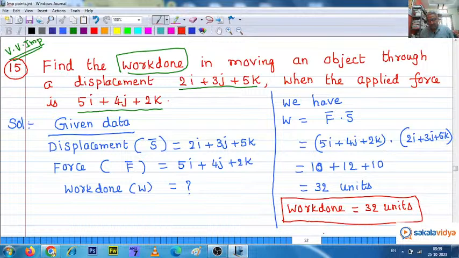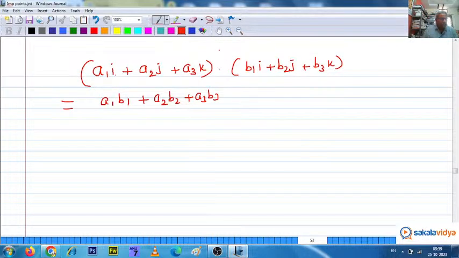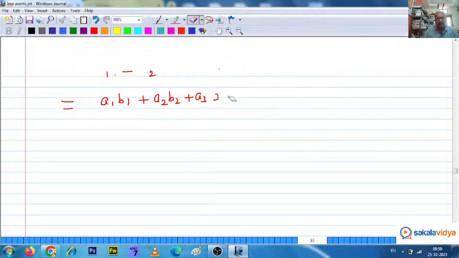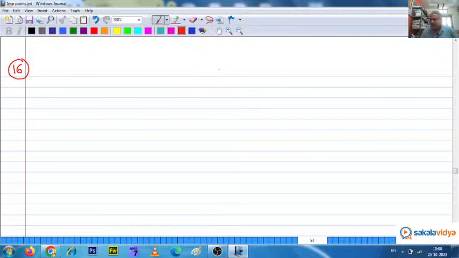Next, one more important question we are going to discuss, that is the 16th problem. Right, let us move to the 16th problem.